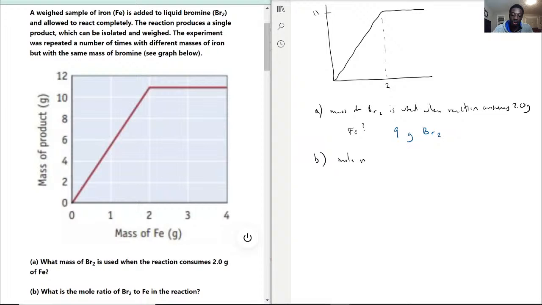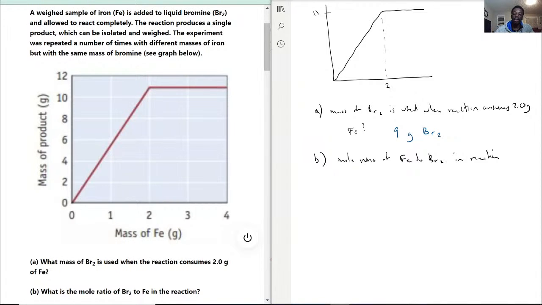So, the mole ratio of Fe to Br2 in the reaction: we have a grams ratio of 2 per 9, because 2 grams of iron was used per 9 grams of Br2 to produce the mass of the product.